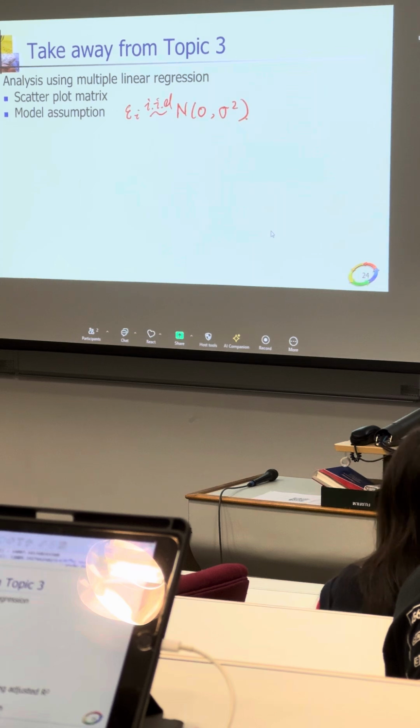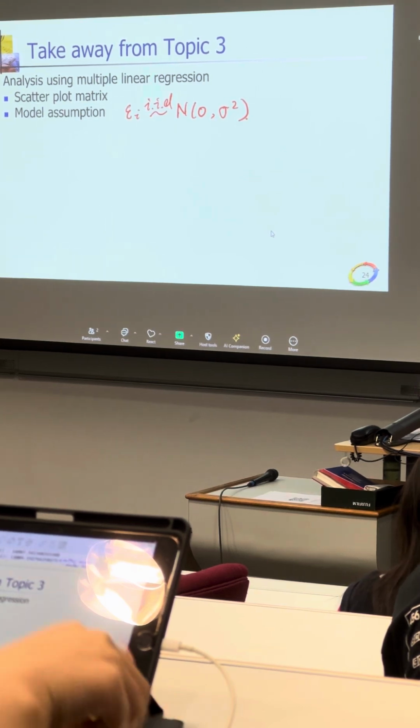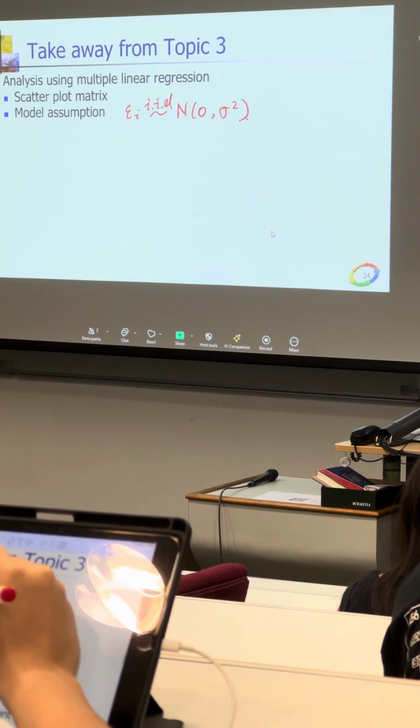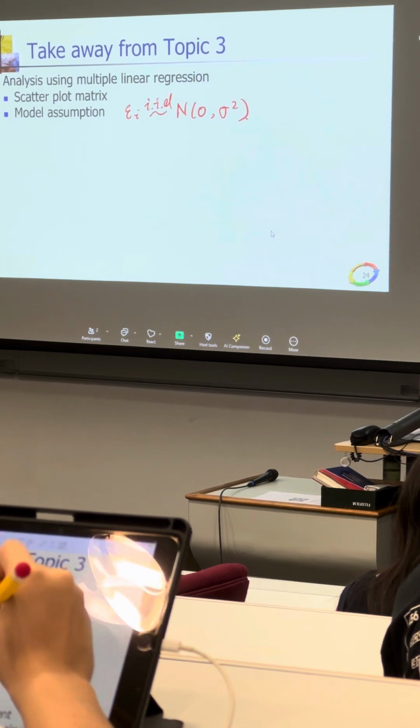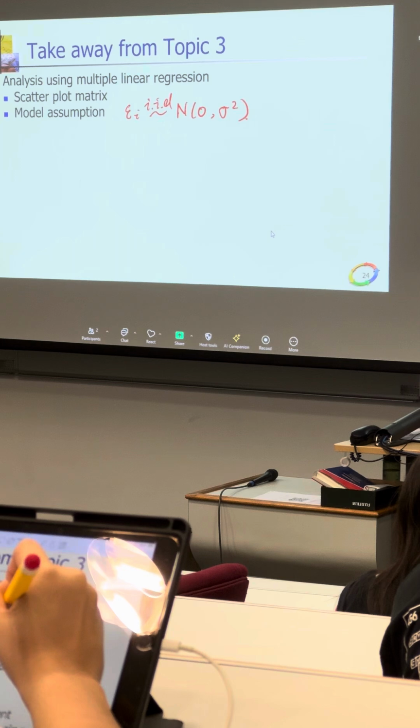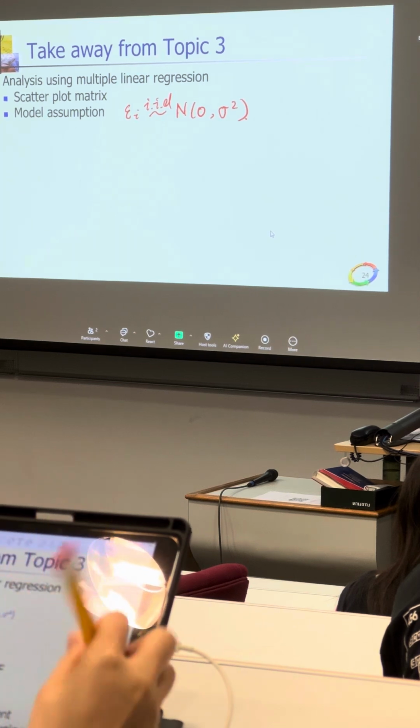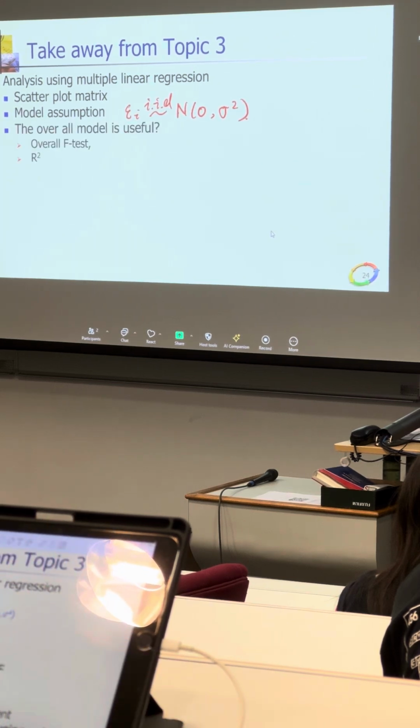If the model assumptions are violated, then you need to deal with it before you continue. So how to deal with it? For example, you can use a transformation. Say originally you have the y variable, you take the log of y, so this is the log transformation.